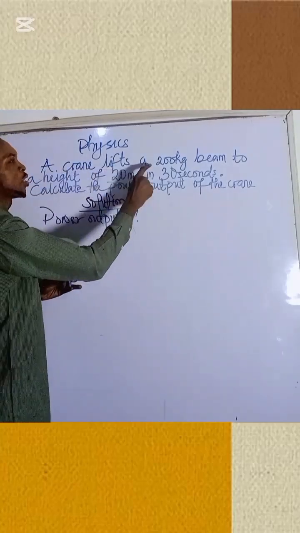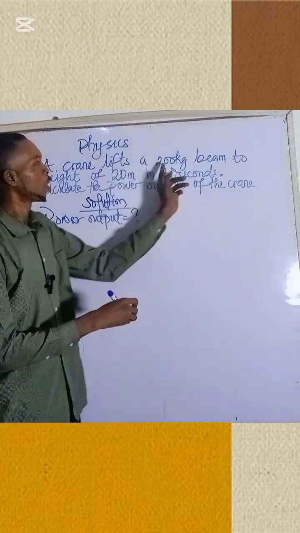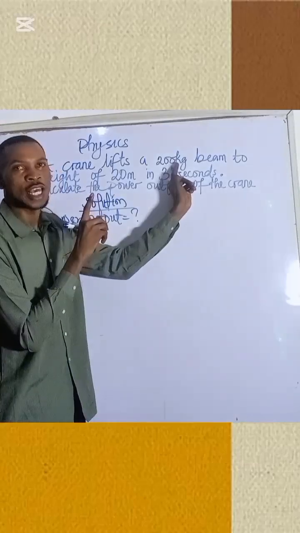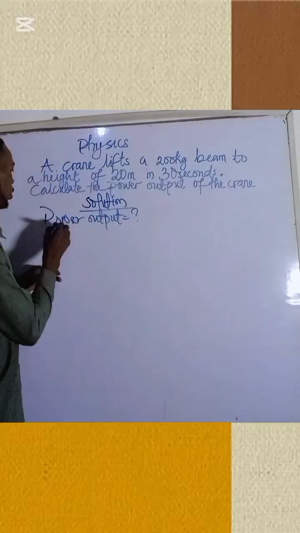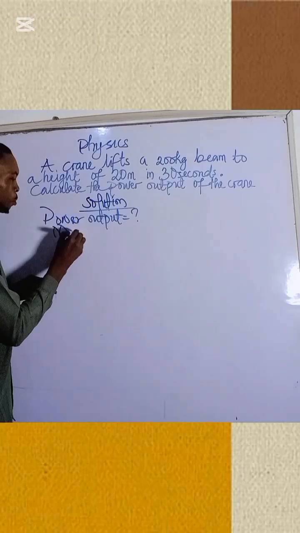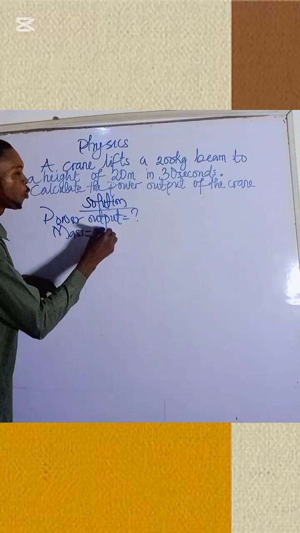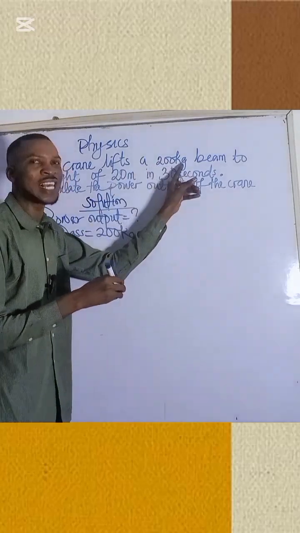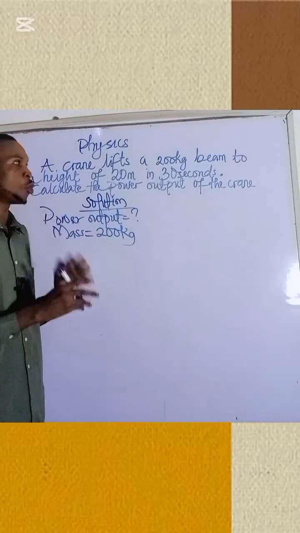A crane lifts a 200 kilogram. Now, when you see any figure that has kg, kilogram, in physics, it means mass. Anytime, anywhere you see a number with kg, it means what? Mass. Take note.